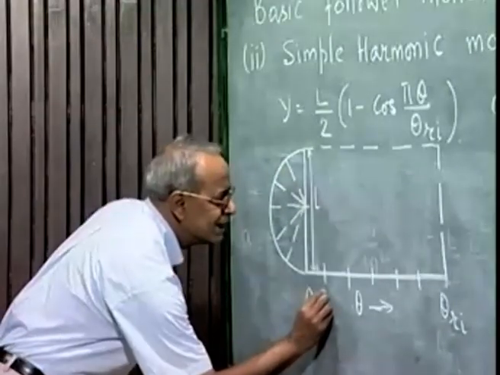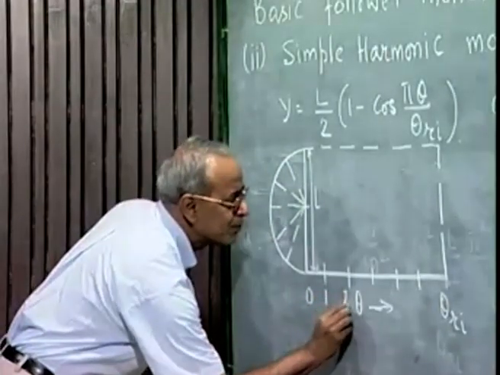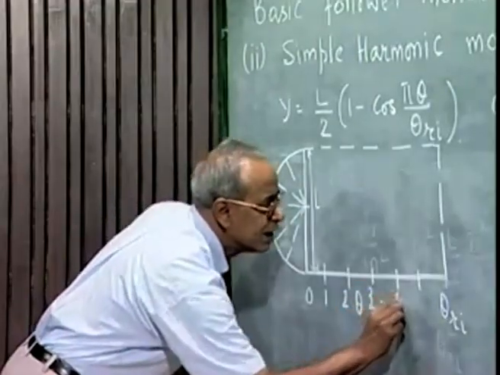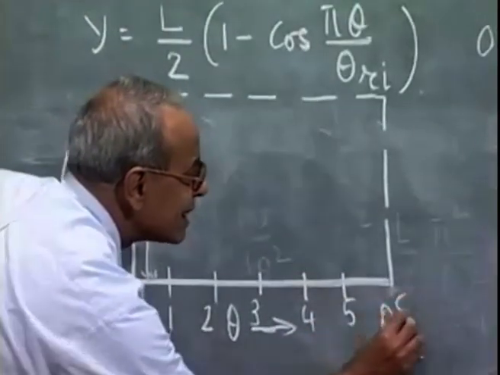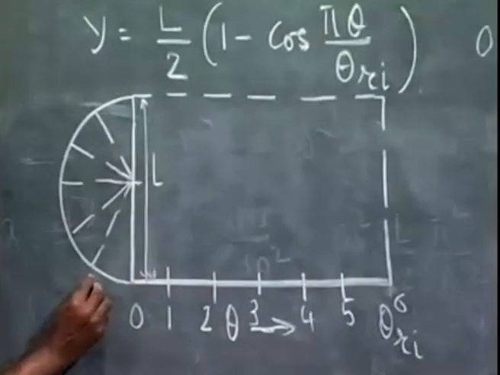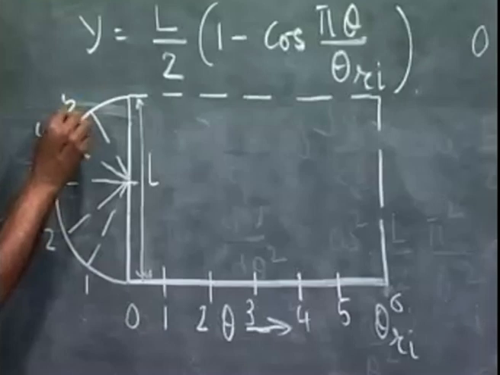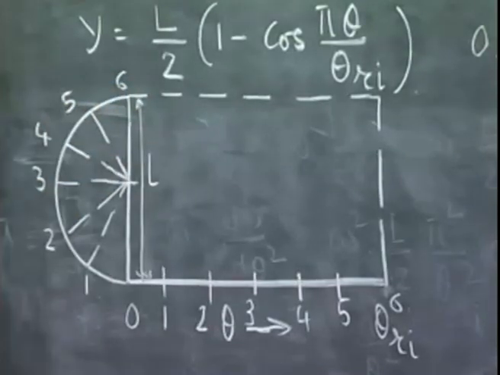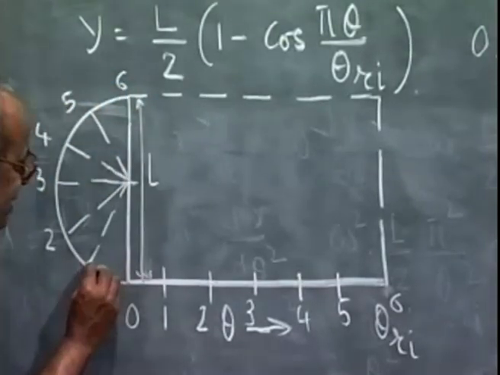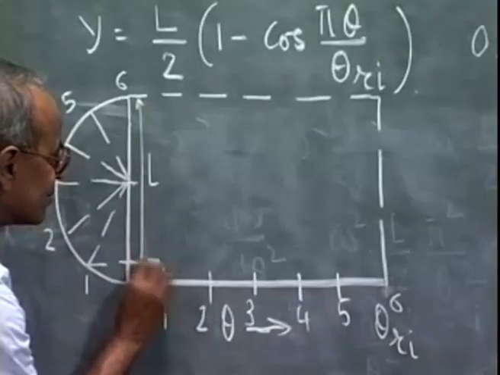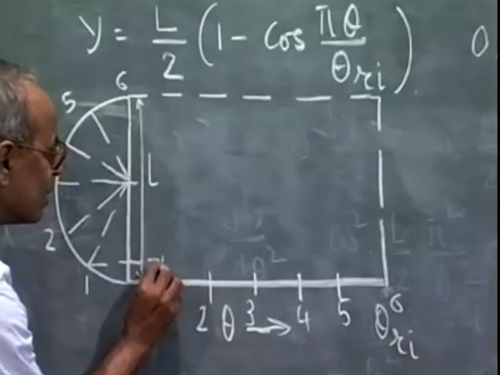Now, if I call these station points, I name them 1, 2, 3, 4, 5 and 6. Similarly, here also I name them 1, 2, 3, 4, 5, 6. Then I project these points horizontally and these points vertically.